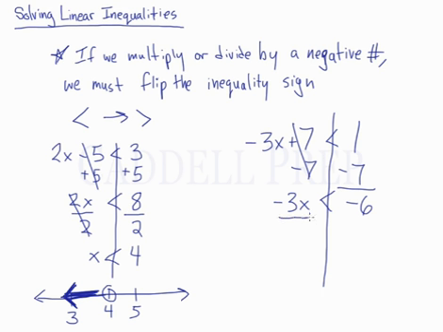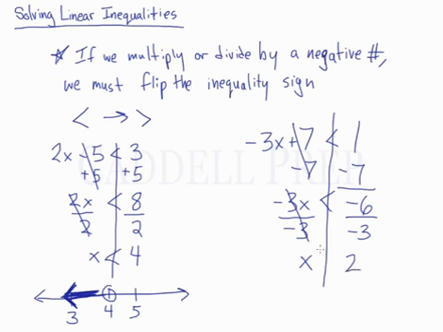To get rid of the x, we have to divide by negative 3 on both sides. Because we're dividing by negative 3, we're going to have to flip this sign. So this just becomes x on this side. Negative 6 divided by negative 3 is positive 2.